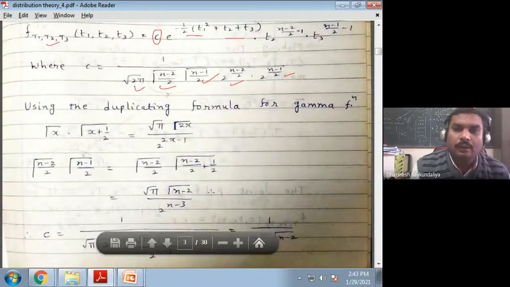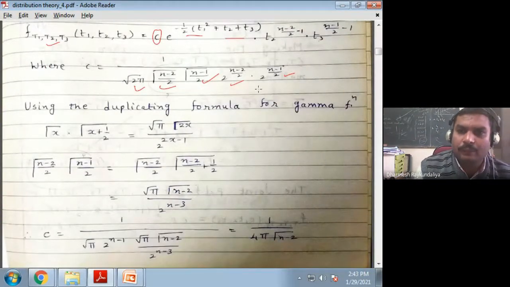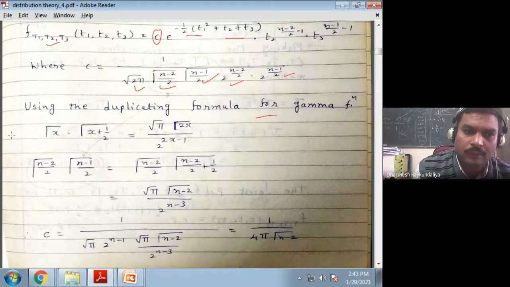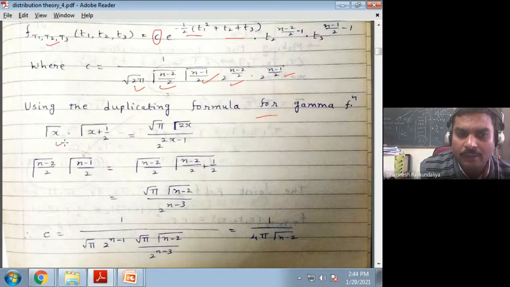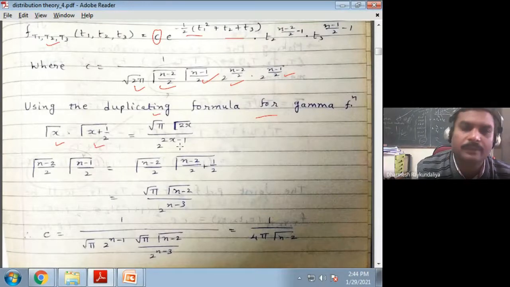So using this, this is what we have. Now we are using the duplication formula for the gamma function. So what is that, the duplication formula? It is gamma x times gamma x plus 1 by 2, which you can write as root pi gamma 2x over 2 raised to 2x minus 1.